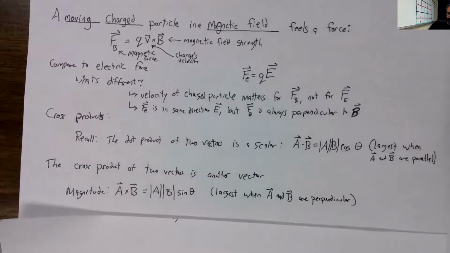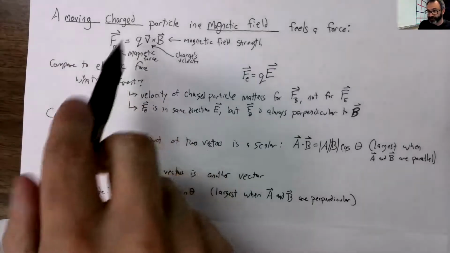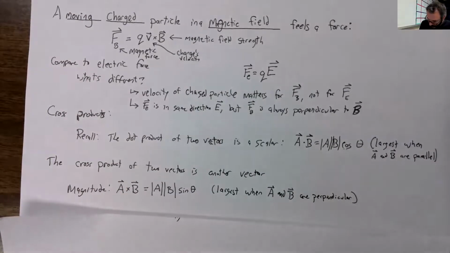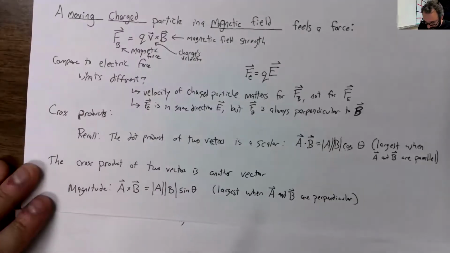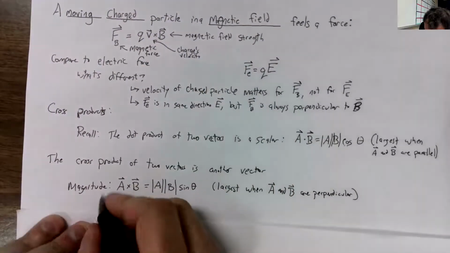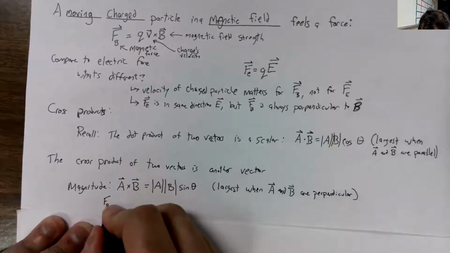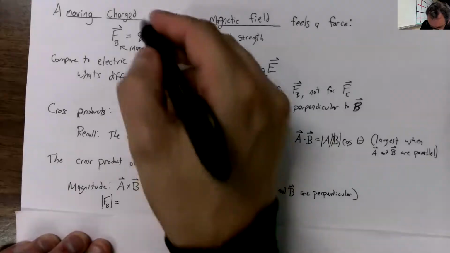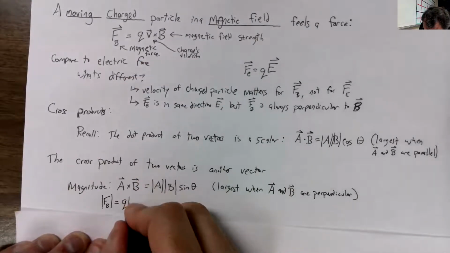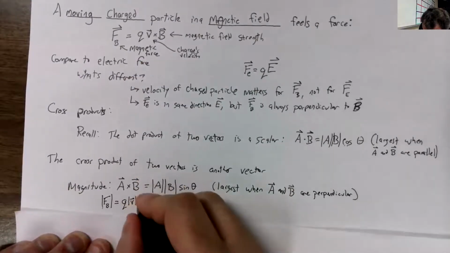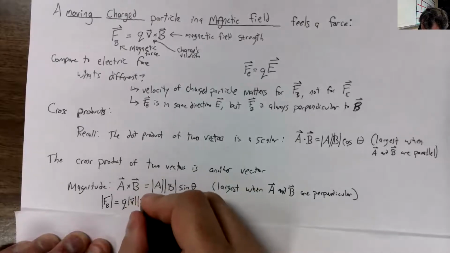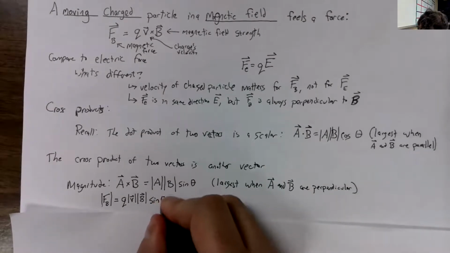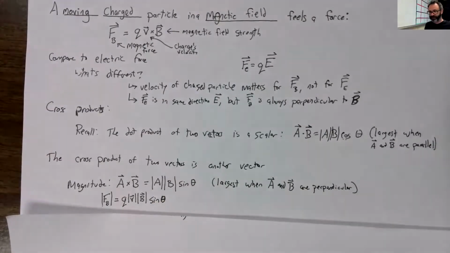So the last thing we need to say about the cross product: the magnitude of the magnetic force is just going to be Q times the magnitude of the velocity times the magnitude of the magnetic field times sine of the angle, right?